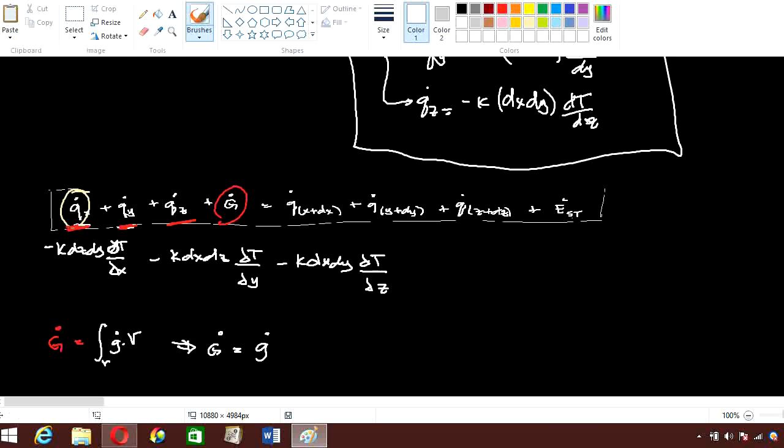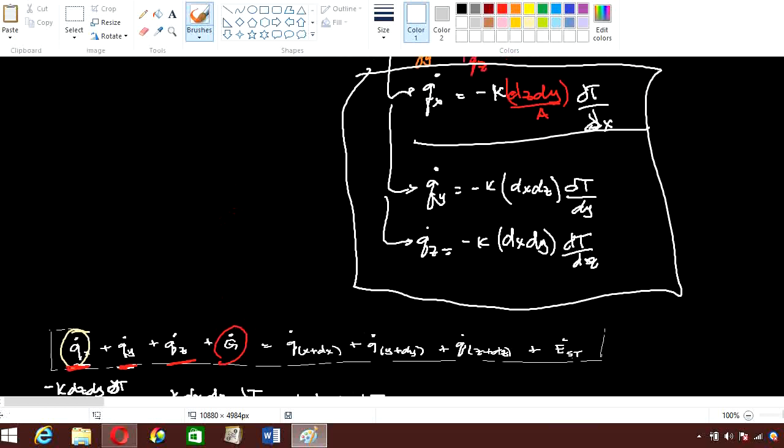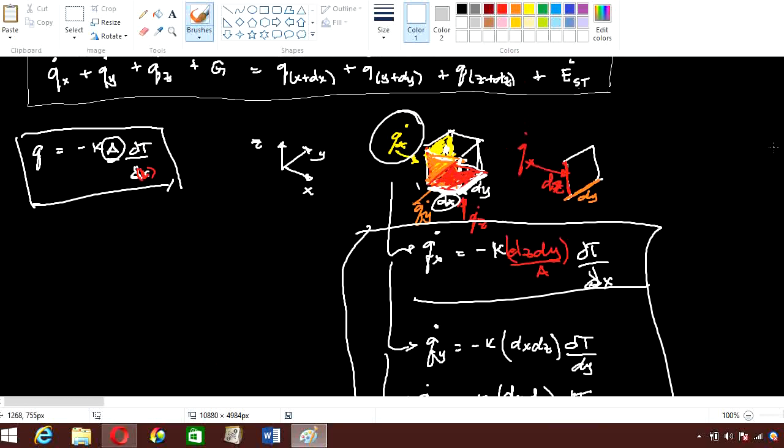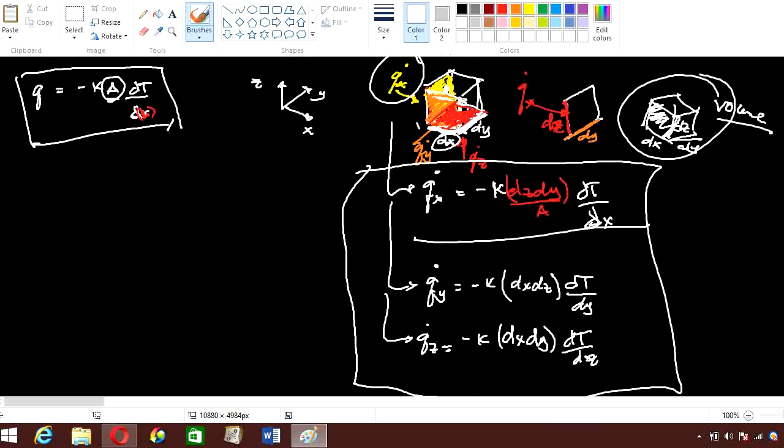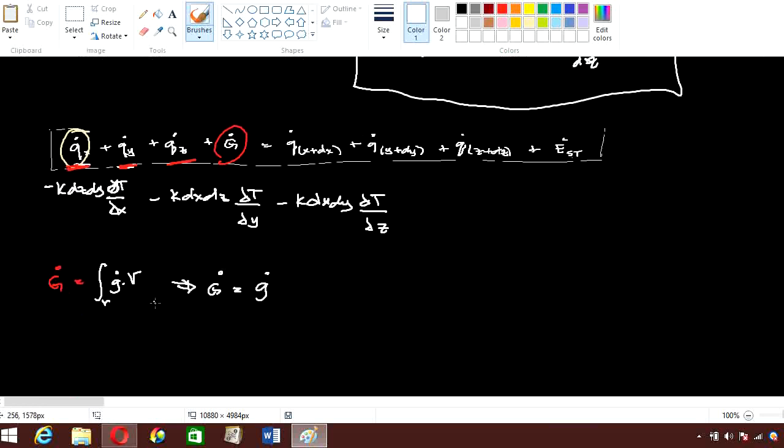By having our illustration, we can express the total volume of the element as the product of dx, dy, and dz, to solve the volume of this element.